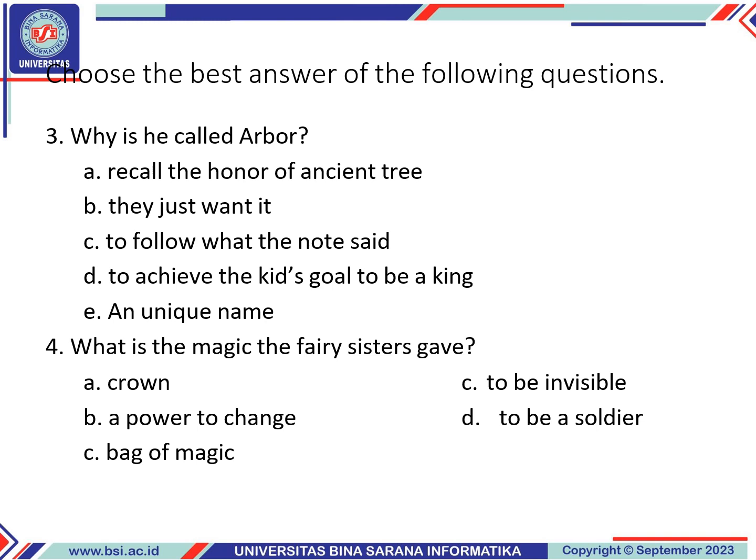Number 4. What is the magic the fairy sisters gave? A. A crown, B. A power to change, C. A bag of magic, D. To be invisible, or E. To be soldier. The answer? Yes, B. A power to change.